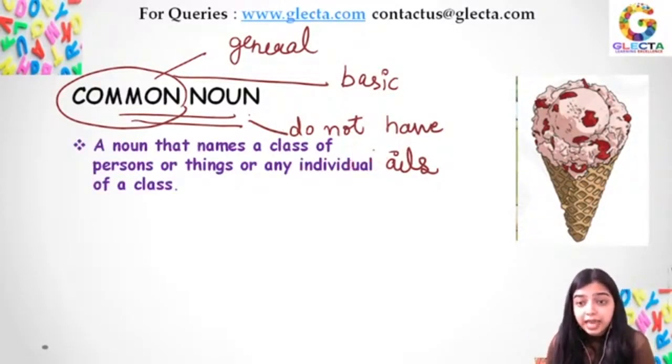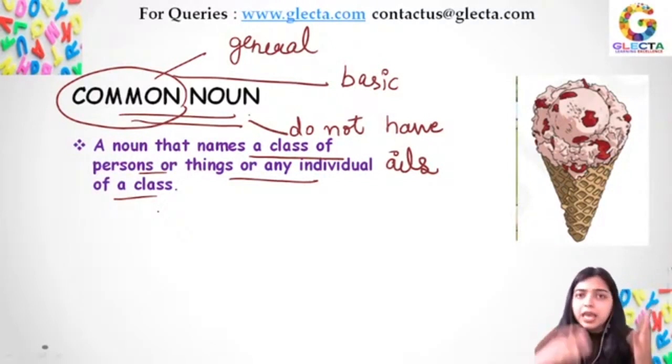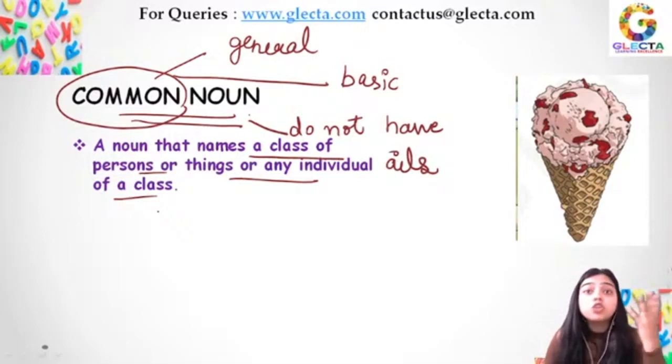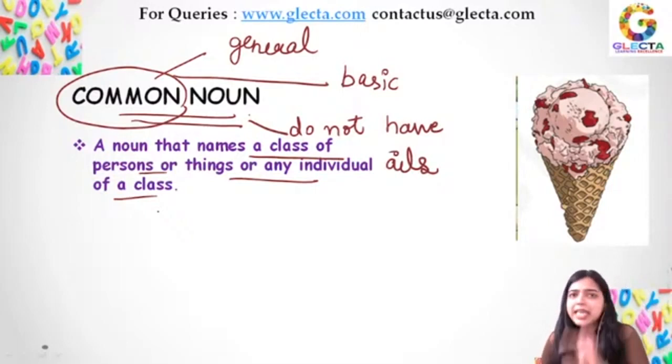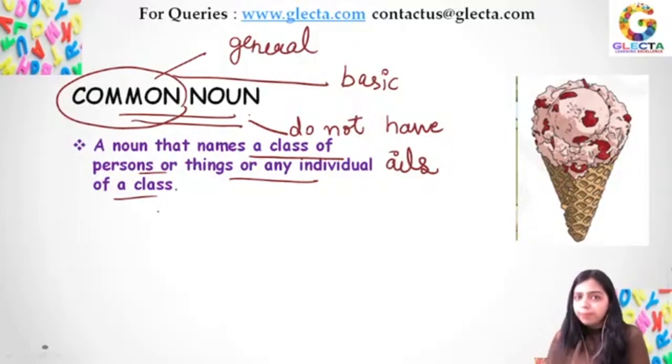Let us discuss the actual definition. A noun that names a class of persons or things or any individual of a class. So something that we use for a group. For example, there are a lot of animals walking by. Now I see a dog. I also see a cat. So I'm telling you that there is a dog and a cat walking by, but I'm not providing you with their specific names.